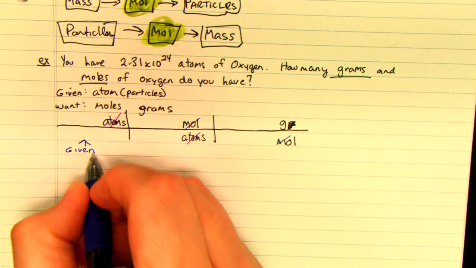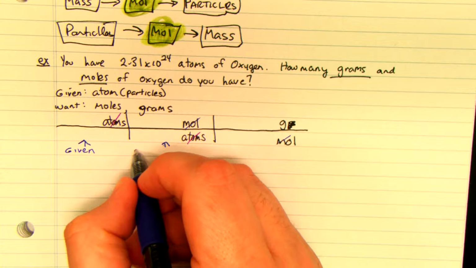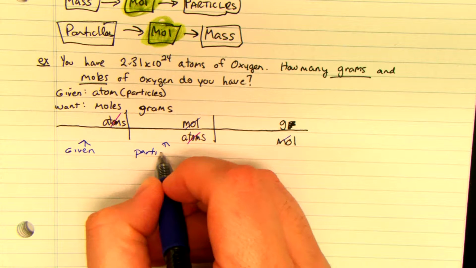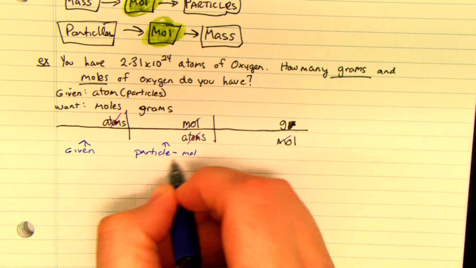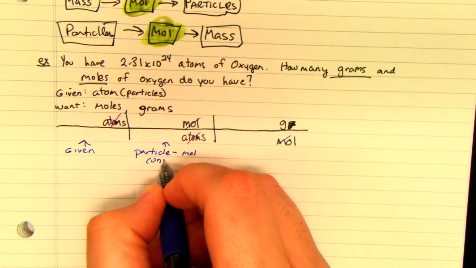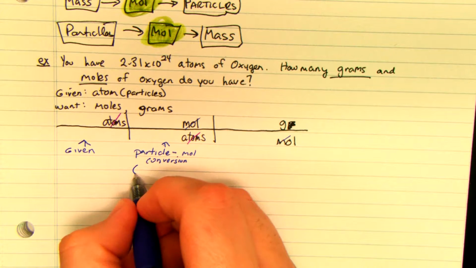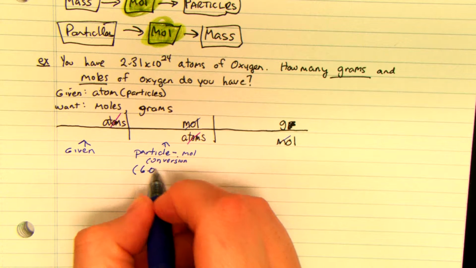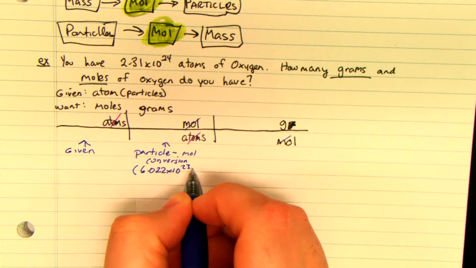This part right here is what we did yesterday, particle to mole conversion, which is going to use Avogadro's constant, which is 6.022 times 10 to the 23rd. So it's going to use that.